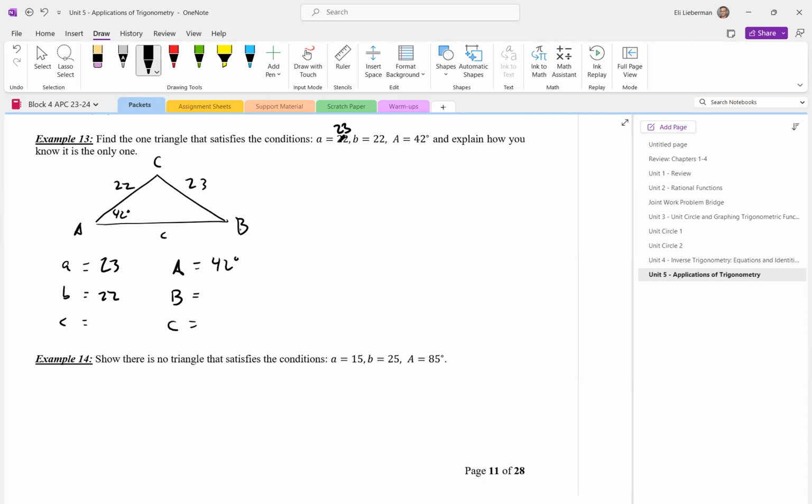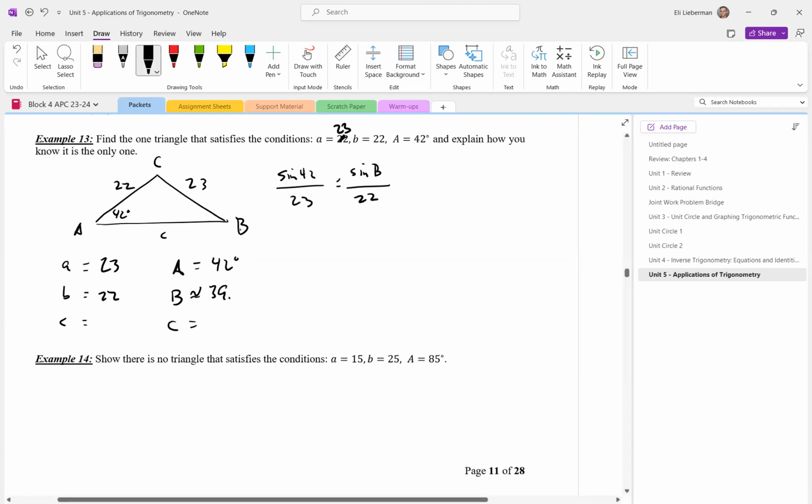Could you give us the equation before arc sine, please? What did you start with for B? Okay, let's skip to the end. What did you get for B? 39.8. Do we agree with that? 39.8? Yep.